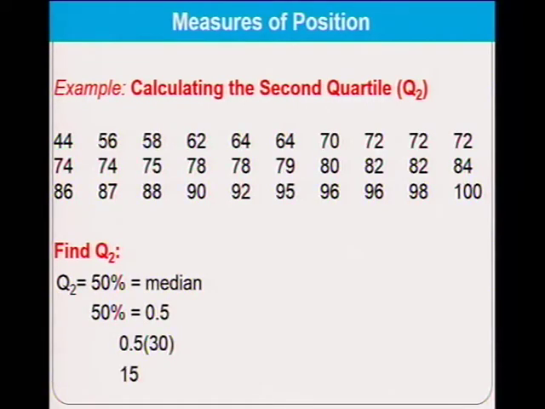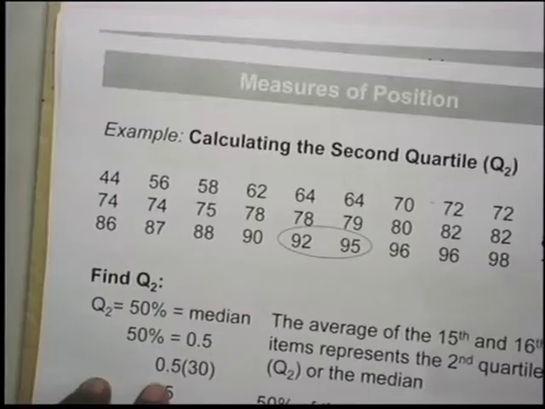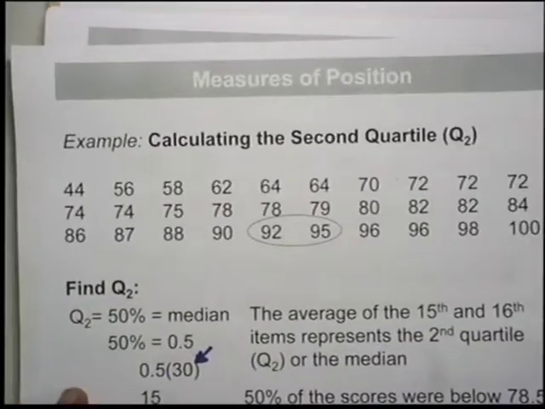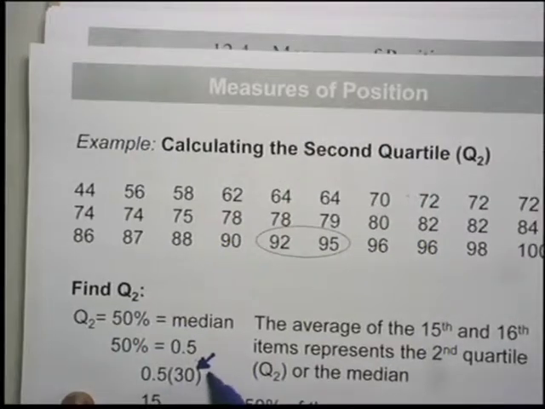Now, here's what we are doing. If we say 50%, we know it's 0.5, and we know the total number of elements here is 30. If we say 0.5 multiplied by 30, this 30 being the total numbers indicated, it will give us 15.